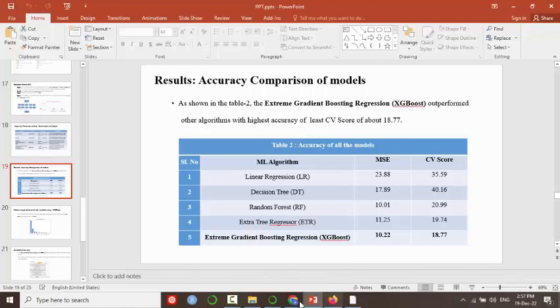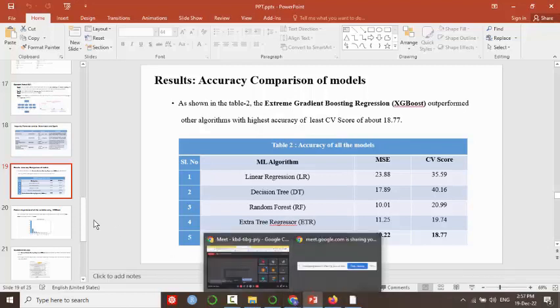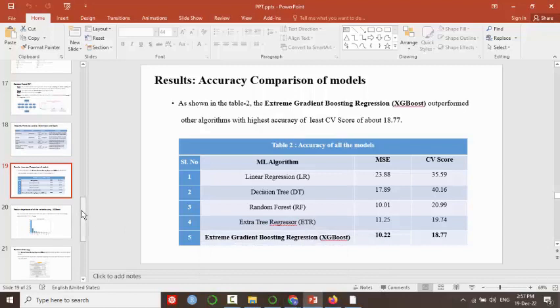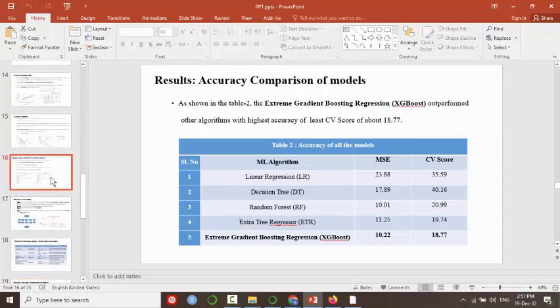Okay, so what is the loss function for your XGBoost algorithm? Sorry, madam? What is the loss function that you have used? Oh, the loss function, madam. That is given in my paper.